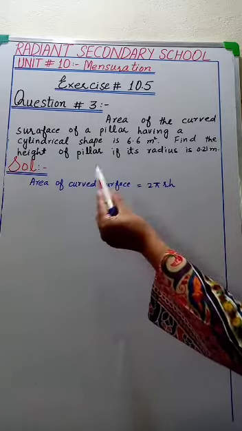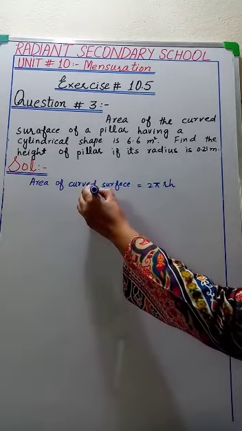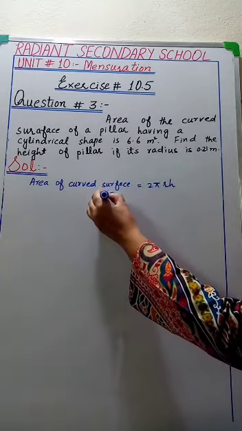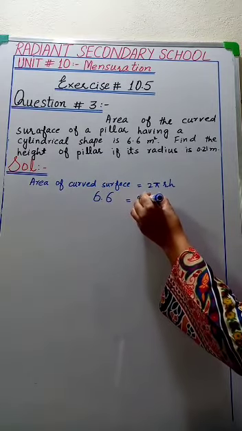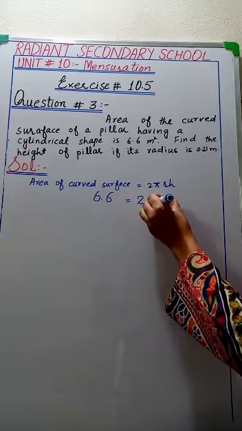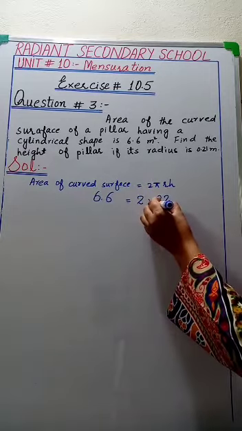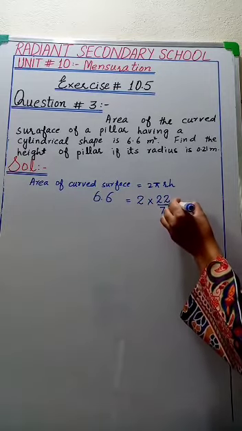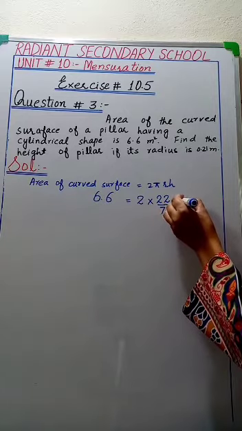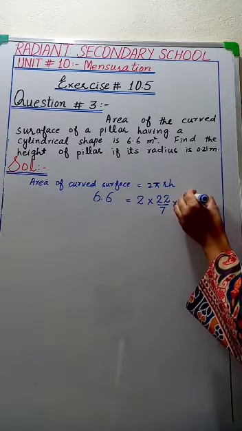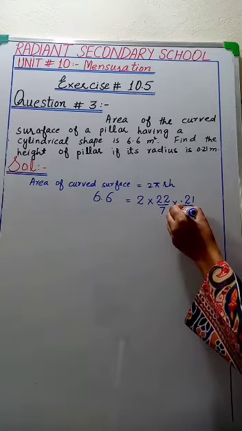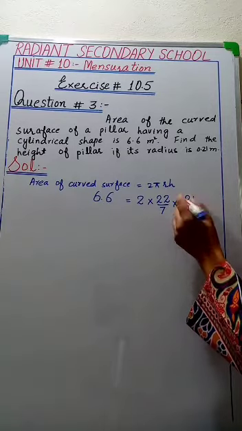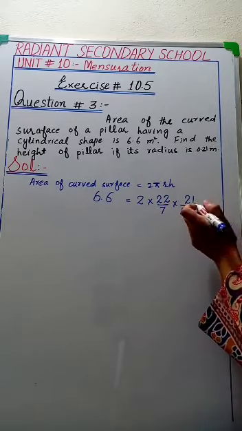In place of area, I will put its value, that is 6.6, then 2 multiplied with the value of pi, that is 22/7, and the radius is 0.21, and I will make it a fraction and it will become 21/100.